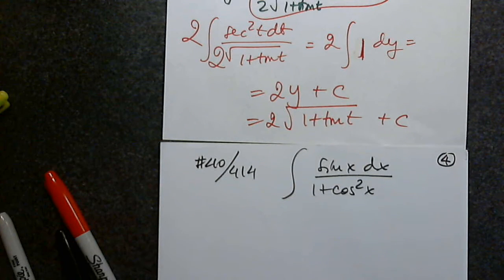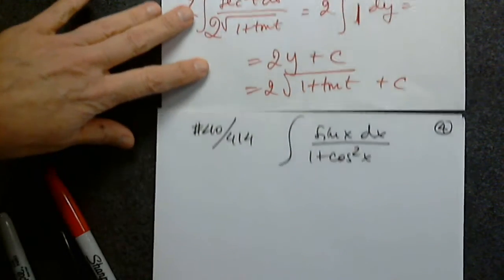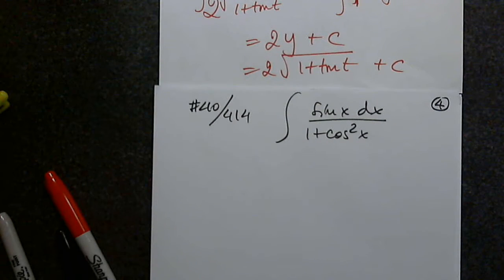Now, what would you like to get rid of? 1 plus cosine squared. This is what I would like to get rid of. Now, if I choose 1 plus cosine squared as the substitution, I will get into a little bit of trouble. But let's see what happens.